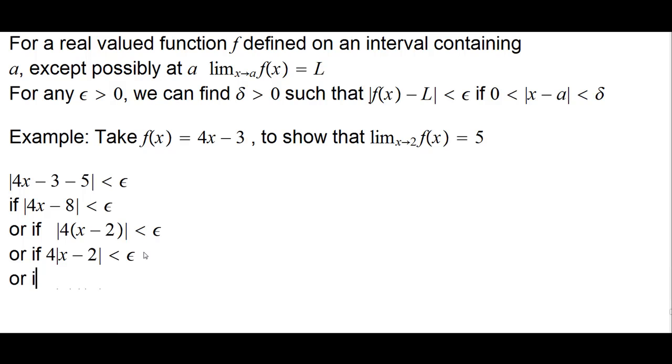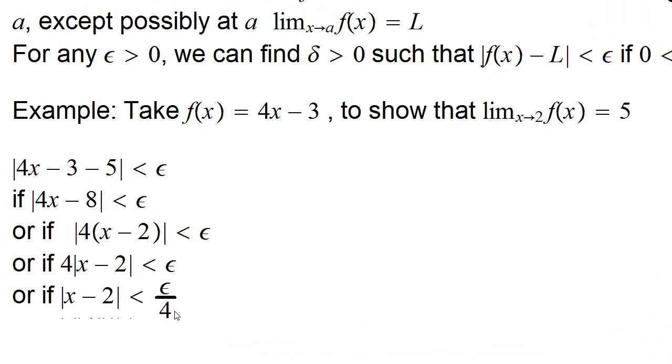When we do that, we have the absolute value of x minus 2 less than epsilon over 4. So delta for this purpose has come out to be epsilon over 4.